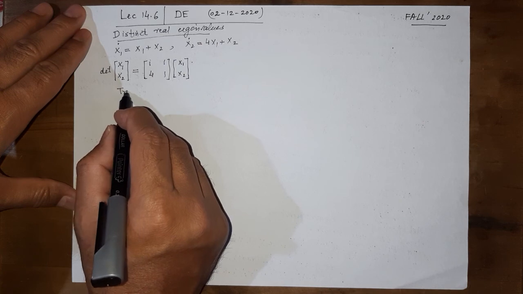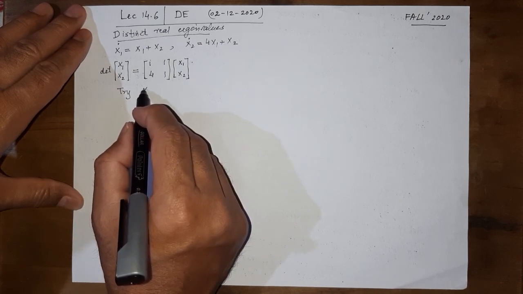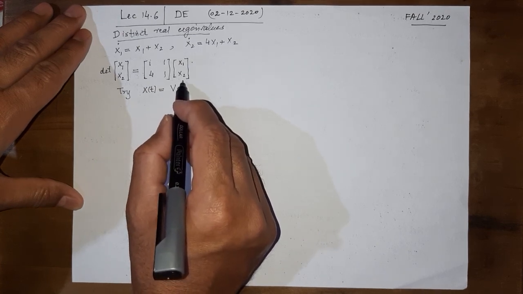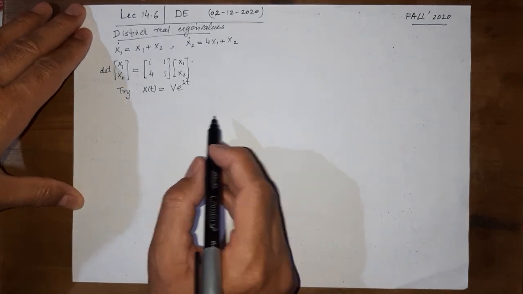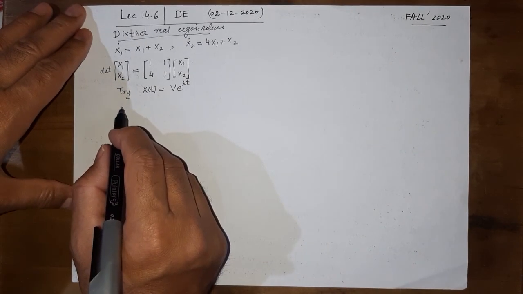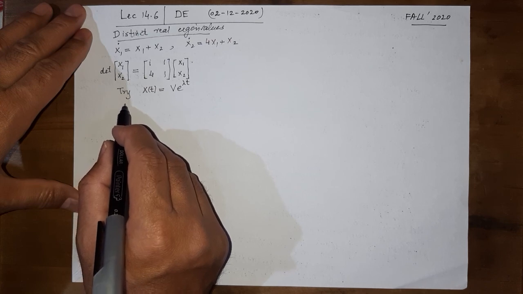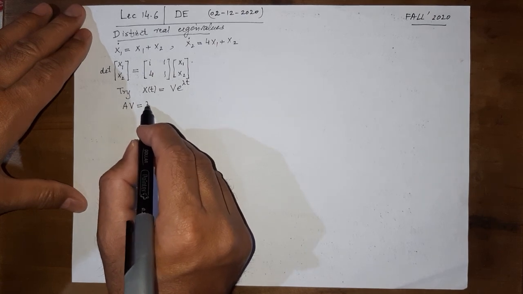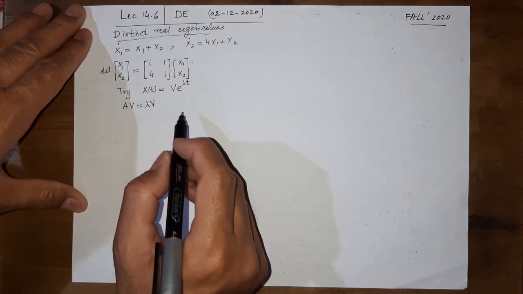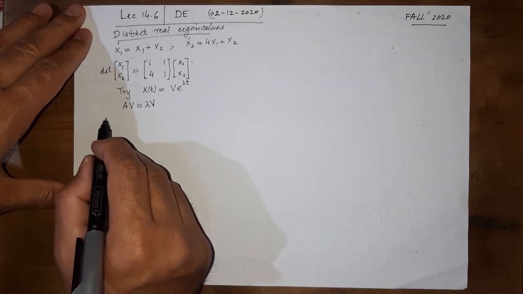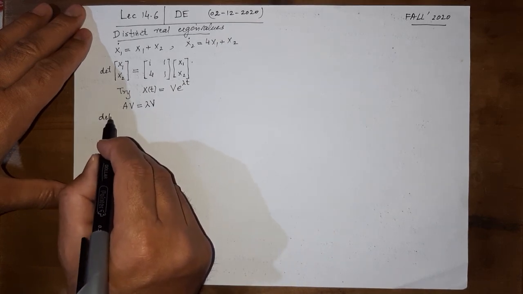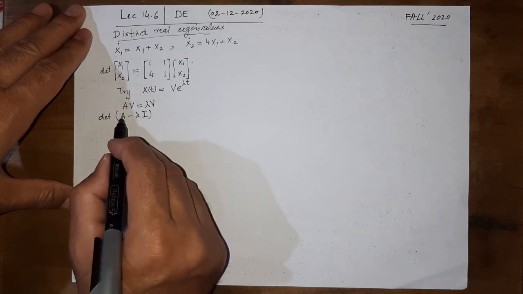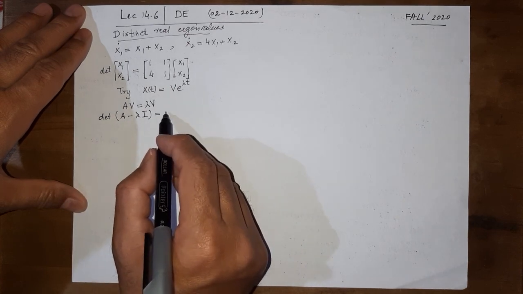So let us try the solution to be x(t) equal to v e raised to the power lambda t. Because we know this is a solution, we have this eigenvalue problem that the matrix A multiplied by v is equal to lambda v, and we know the determinant of A minus lambda I has to be equal to 0.